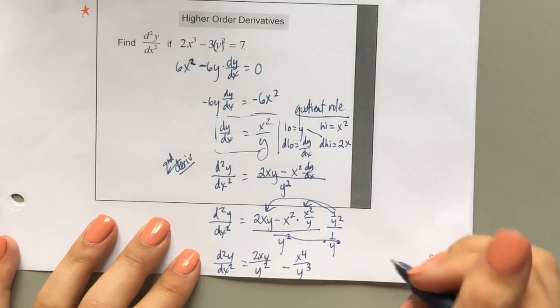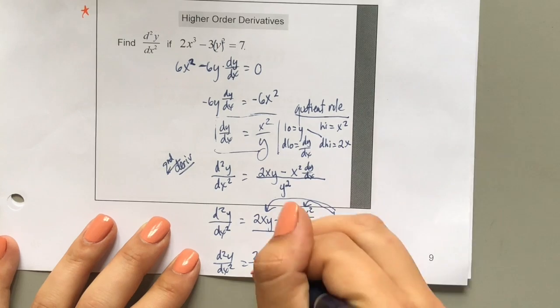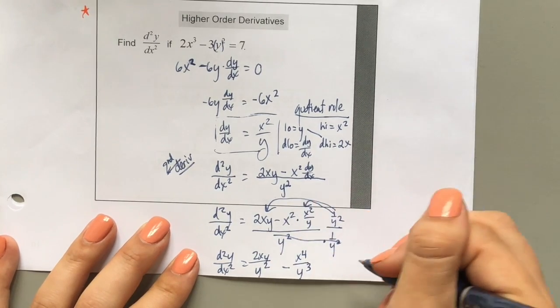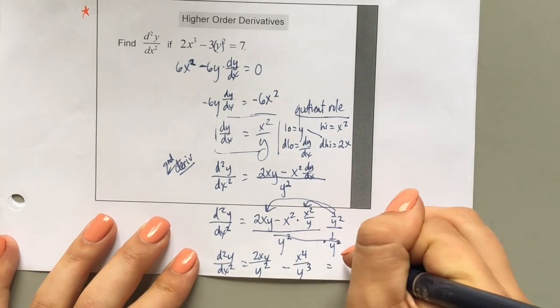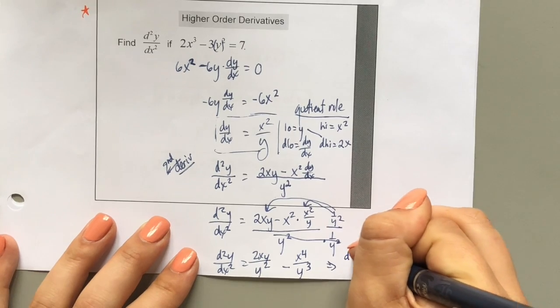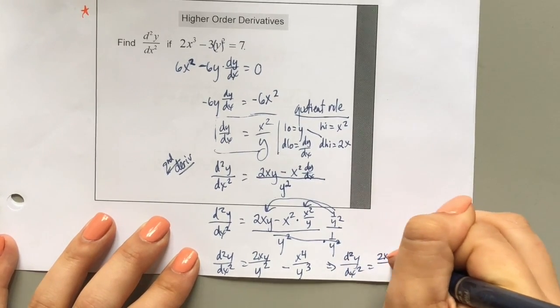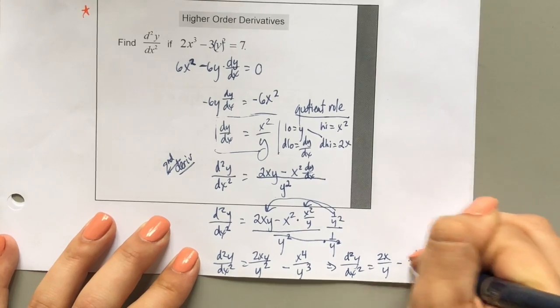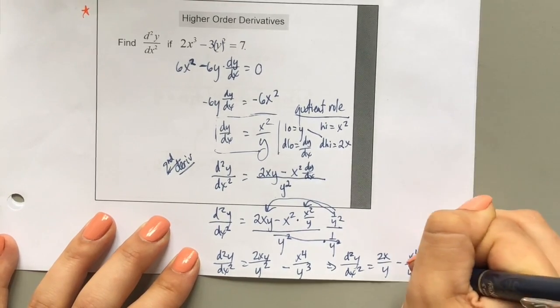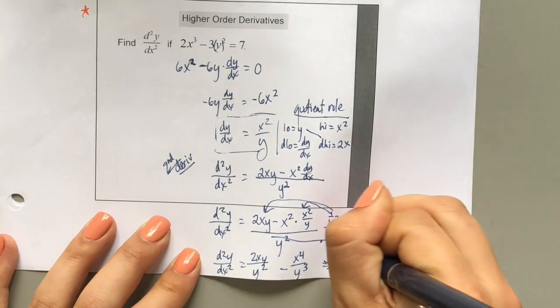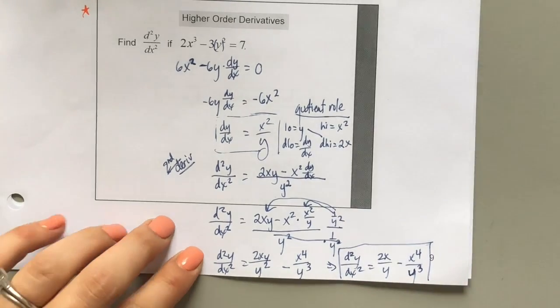This term I can simplify just once, or I could put it all over y cubed, either way. I'm going to do d squared y over dx squared equals 2x over y minus x to the 4th over y cubed. That is my final answer there.